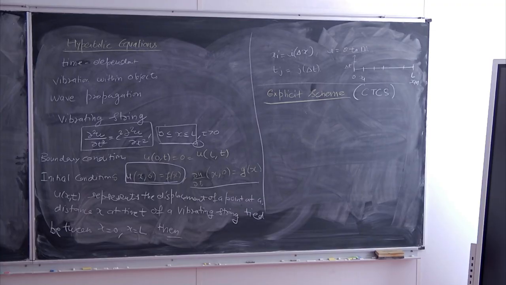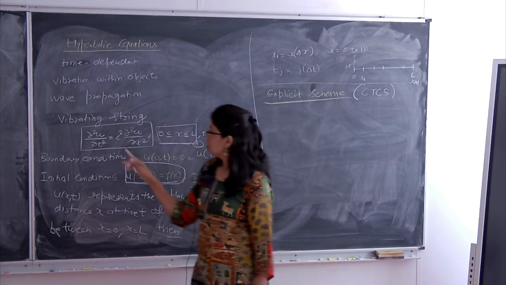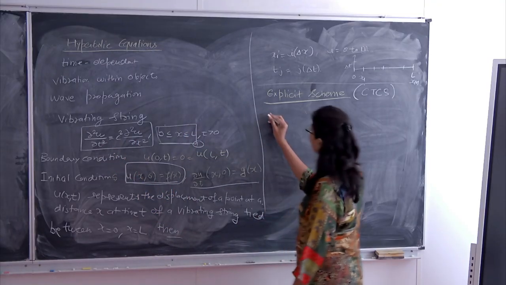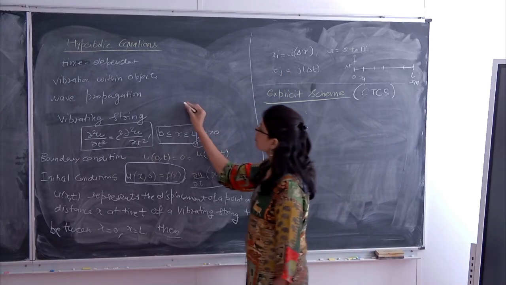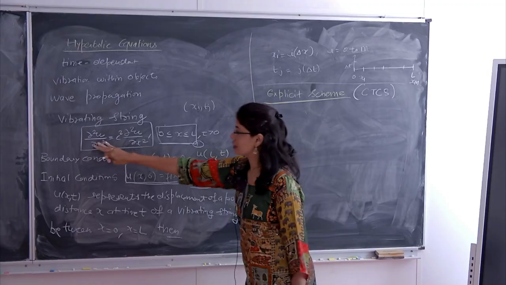Okay, so what will we get here? Now, see, this is the time variable and this is the space variable. If I discretize the problem at the point xi, tj, what will I get? Let us check this formula.